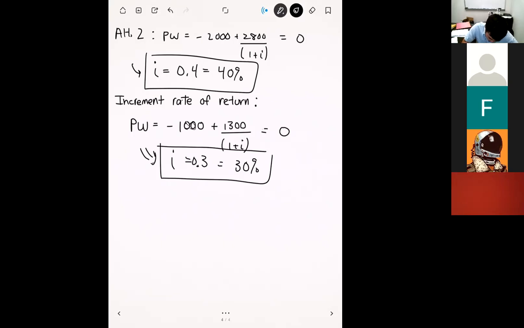If you remember from the very first slide we went over today, what we need to do is compare this rate of return of the increment against the MARR.